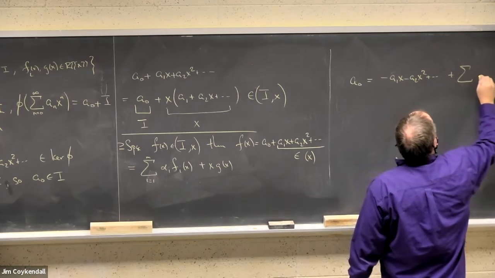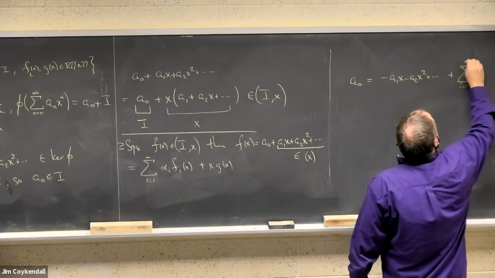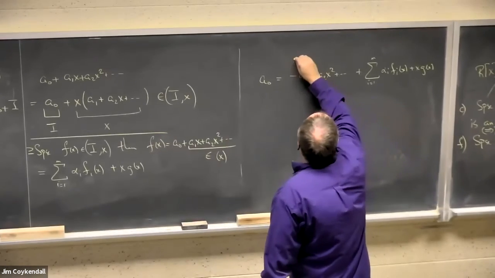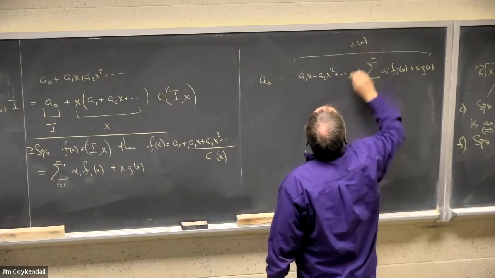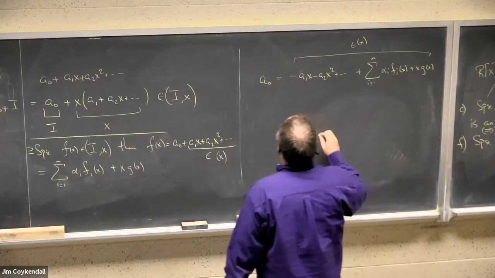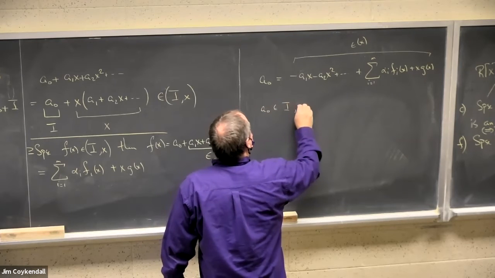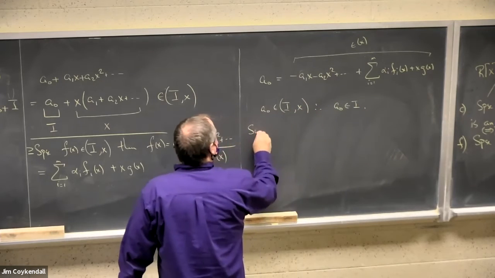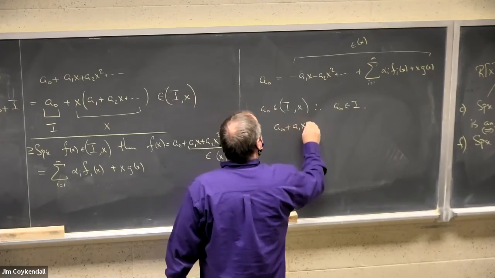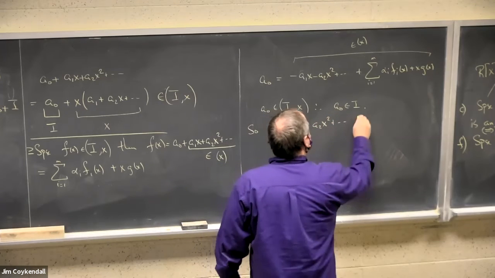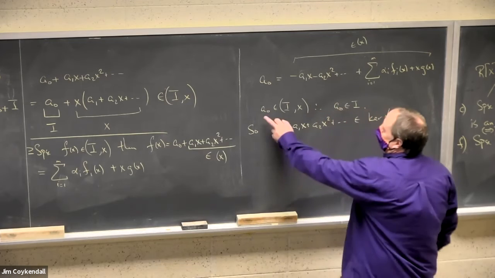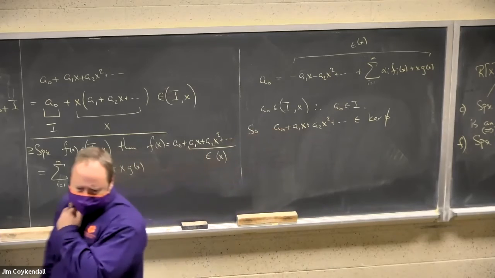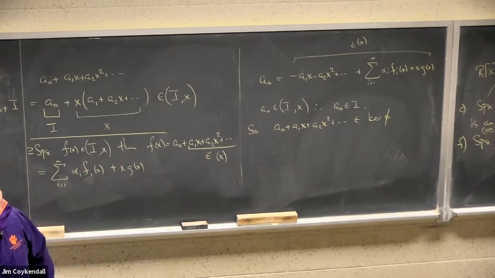plus the sum of alpha i x of x. This piece is in the ideal generated by x, and a0 is in I comma x, therefore a0 must be in I. So a0 plus a1x plus a2x squared, et cetera, must be in the kernel, because the constant term must be in I. Okay, right.